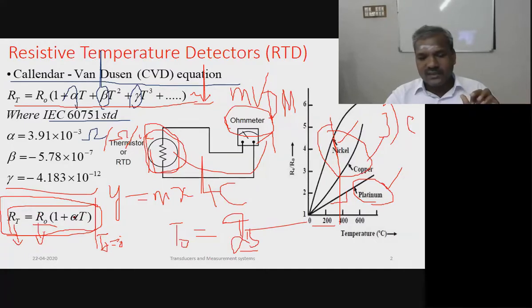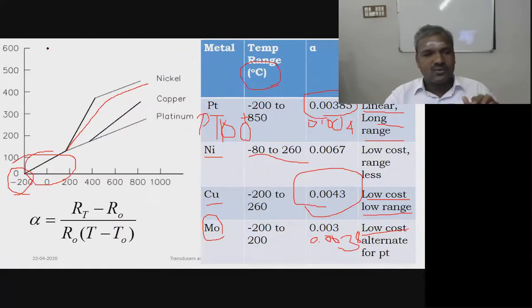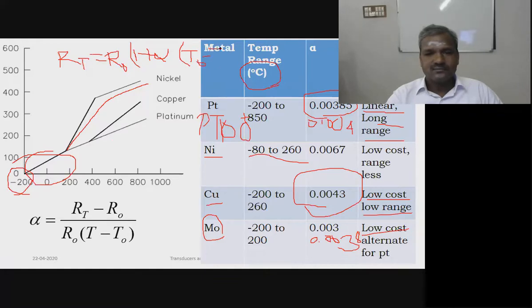So in that case, RT equals R naught into (1 plus alpha (T minus T naught)).